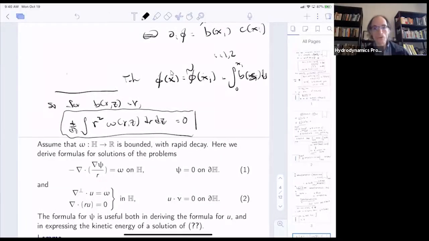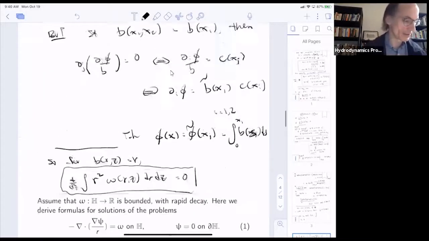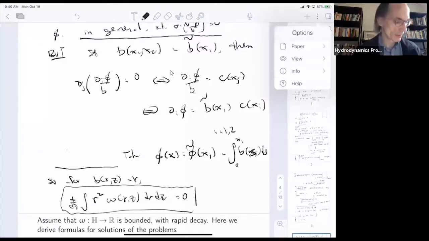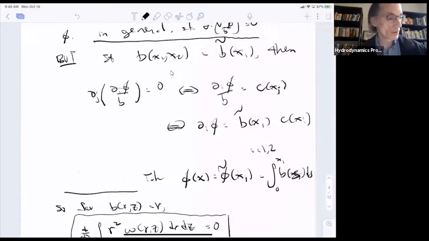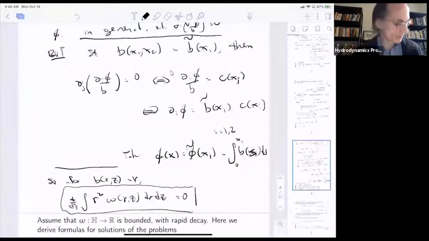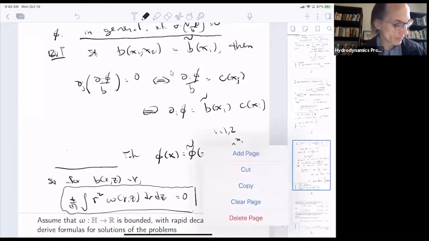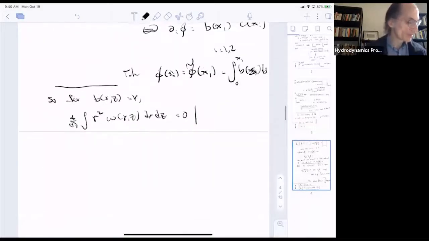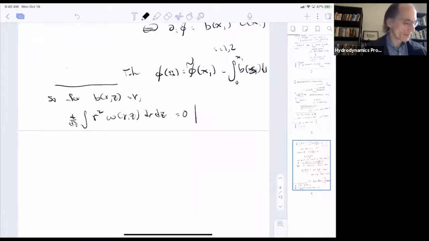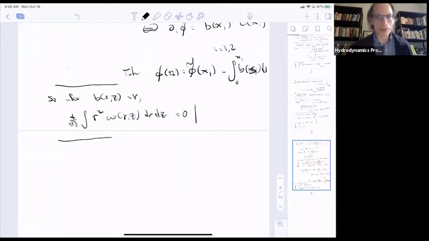So the basic properties of Euler are, as far as I'm concerned, in the 2D setting.